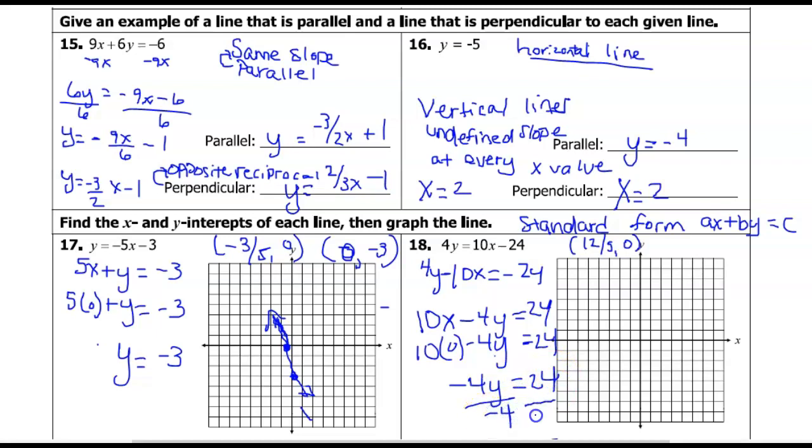Divide by -4 on both sides, and I get y equals -6. So my y-intercept is going to happen at 0, -6.